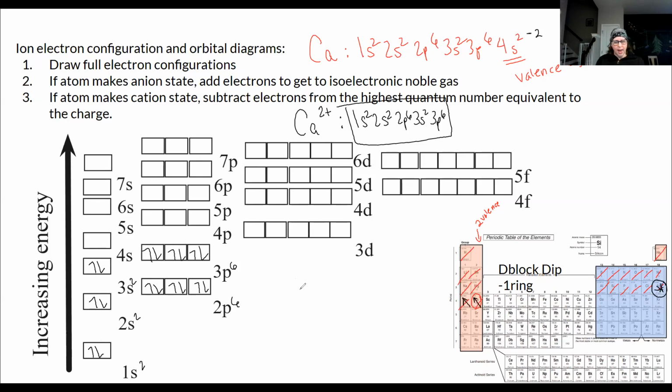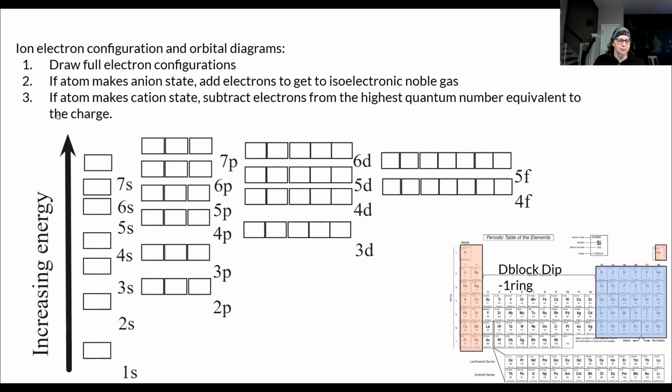That number, when I add it up, equals 18 electrons. So looking at just the orbital diagram, calcium's ion state looks identical to what it would look like for argon. That is because calcium in his ion state wants to be like argon. So he's isoelectronic, same electrons as argon.